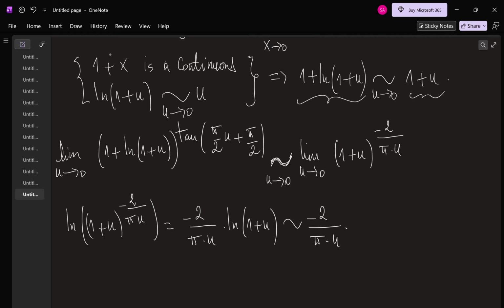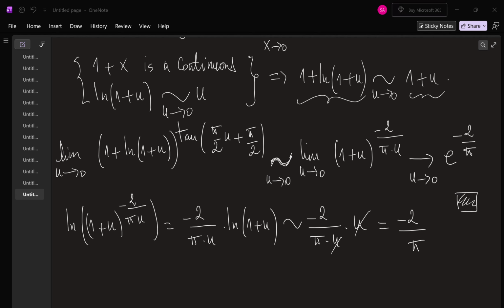And this is equivalent to negative 2 over pi times u times u. u will cancel with u, what remains is negative 2 over pi. So this actually will go to exponential negative 2 over pi when u is going to 0. And this is the answer for the last one.